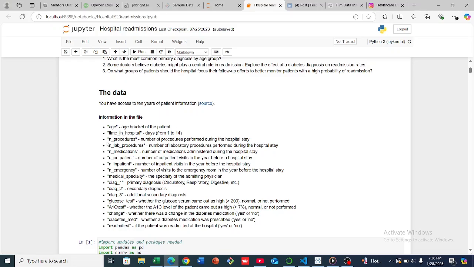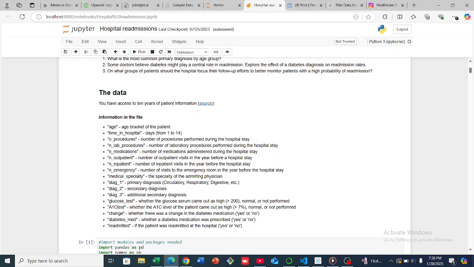Then we also have n_procedure, which stands for the number of procedures performed on that patient during the hospital stay. We also have number of lab procedures, and number of medications that have been administered during the hospital stay of the patient.